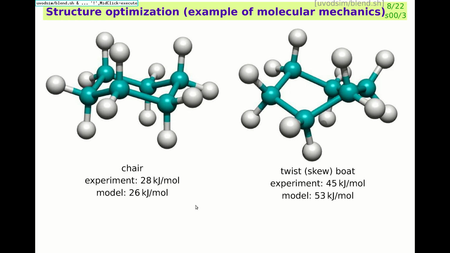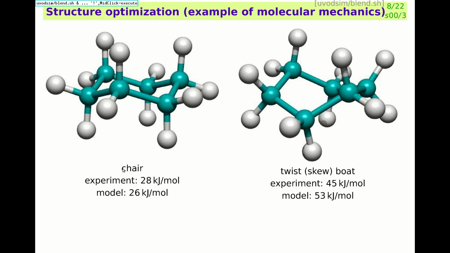And now a few examples about molecular mechanics, molecular dynamics, and so on. So the first example will be about molecular mechanics, a very simple one. You know that cyclohexane may occur in two different conformations.